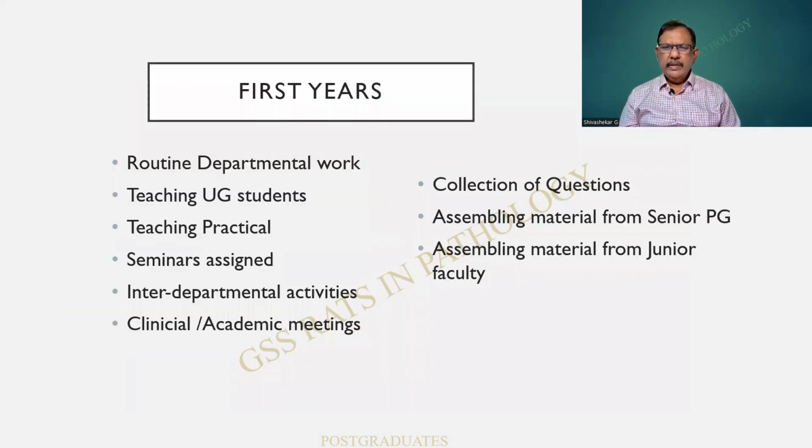In the first years, I would advise the students, probably you will be about 1 month or 2 months old in the department, and it is the right time for you. My personal observation is the students are now without a sense of direction. This is what you will have to exactly do in the first year.